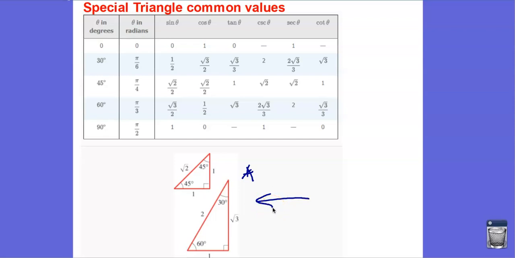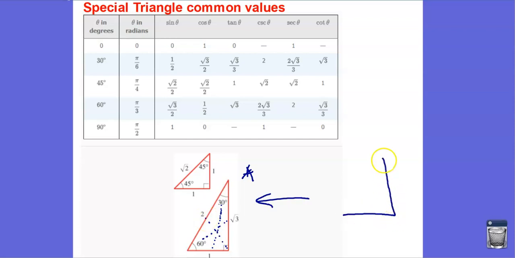So a 30, 60, 90. Remember 30 degrees is the smallest angle on this triangle, so opposite of that is 1. And then opposite 60 degrees is square root of 3, and opposite the 90, the hypotenuse, is 2. So 1, square root of 3, 2.